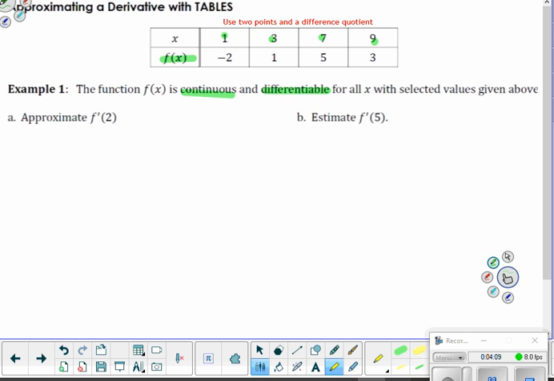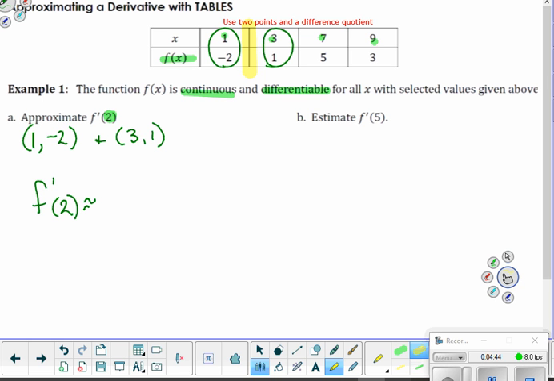If I wanted to approximate at 2, I'm going to go to my table and look for where 2 would fall in. Well, 2 would fall in between 1 and 3, right? So I'm going to use the ordered pair here and the ordered pair here as my 2 points to find a difference quotient. So I'm going to pick out the points (1, -2) and (3, 1), and I'm going to compute f prime of 2.